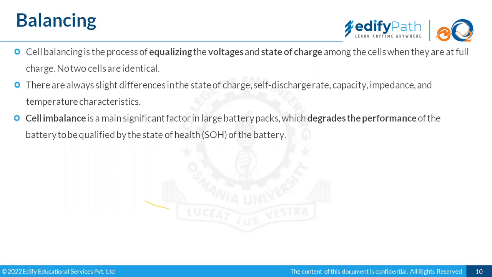This way we would be avoiding further disbalance. Even at a starting stage, we could correct it at that moment only. Otherwise, in the longer run, it would affect not only the mileage of the vehicle, but also the state of health of the battery.